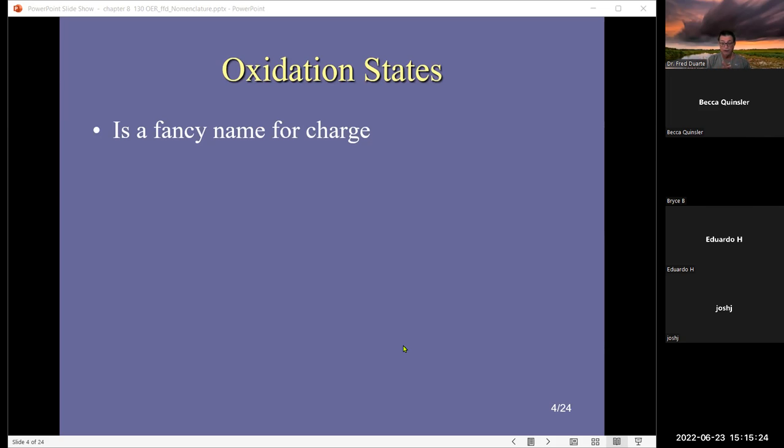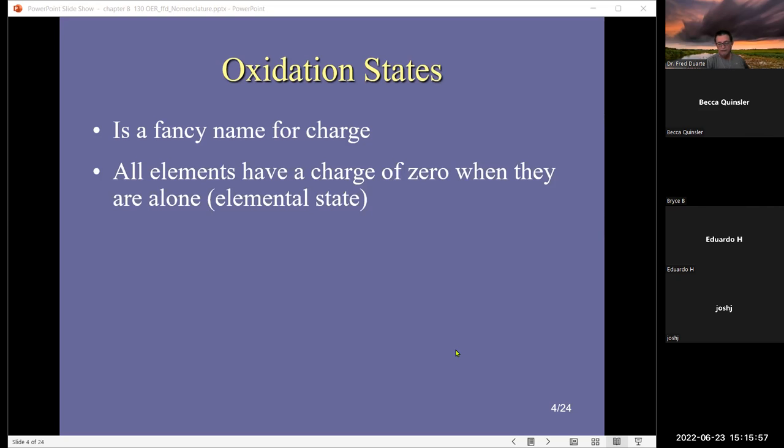We introduced that today, okay? So it's not really true to say in covalent compounds that we have a charge. To make it more technically correct, the term oxidation state is used, which is basically what charge they have if it's an ionic compound, or what the partial charge is if it's a covalent compound.